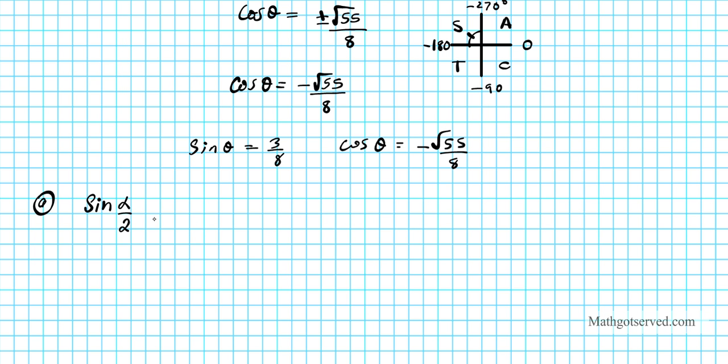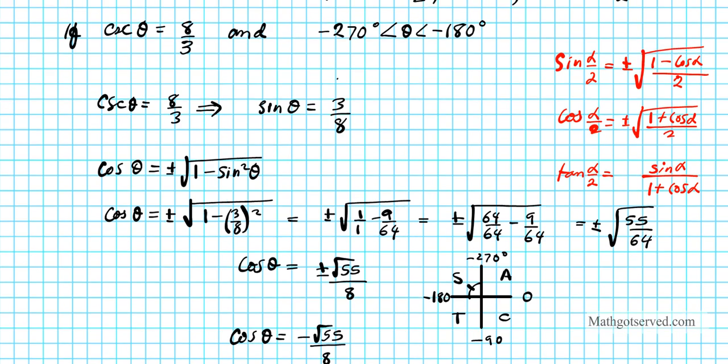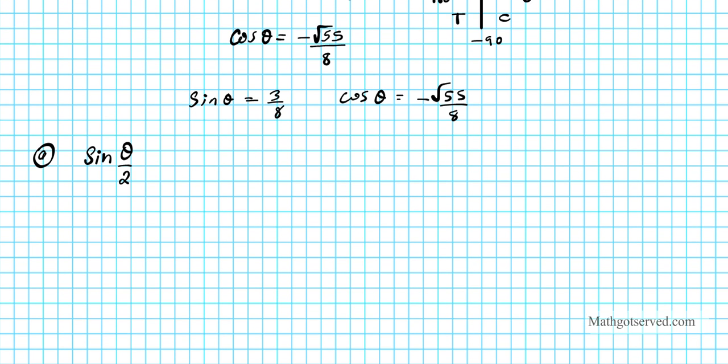What's alpha in this problem? It's theta, so sine theta over 2. Let's write out the formula first before we use it. So sine theta over 2 equals plus or minus the square root of 1 minus cosine theta over 2.